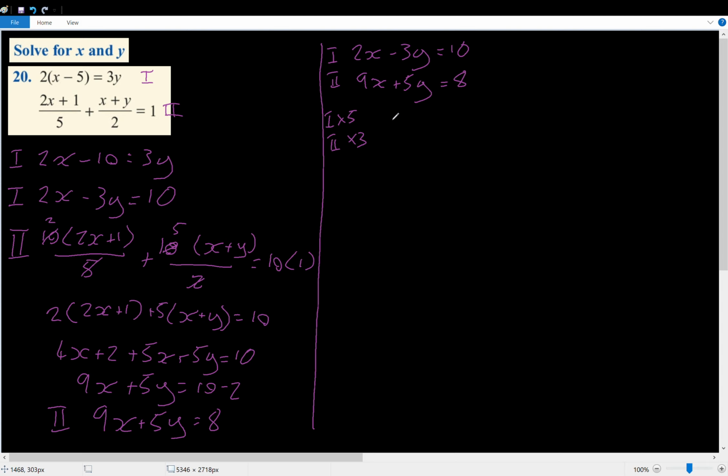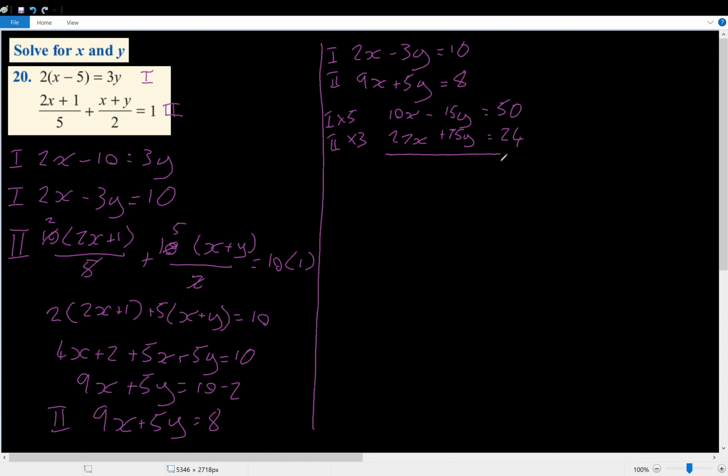So we multiply equation 1 by 5, we get 10x minus 15y is equal to 50. And if we multiply the bottom by 3, we get 27x plus 15y is equal to 24.